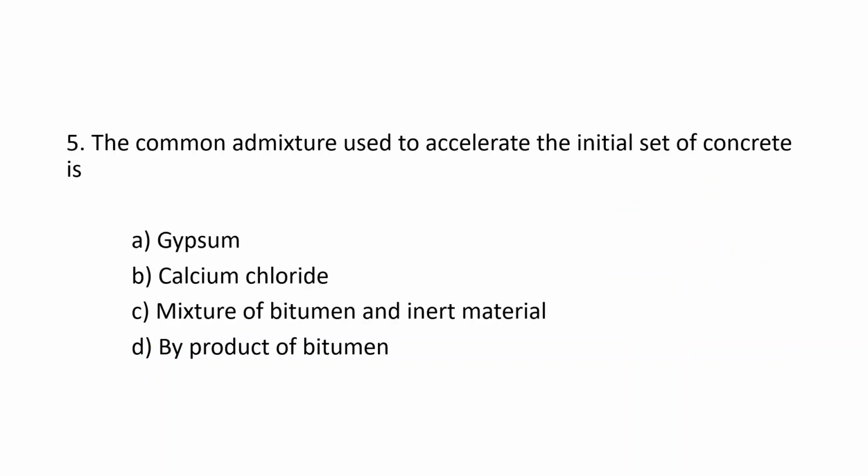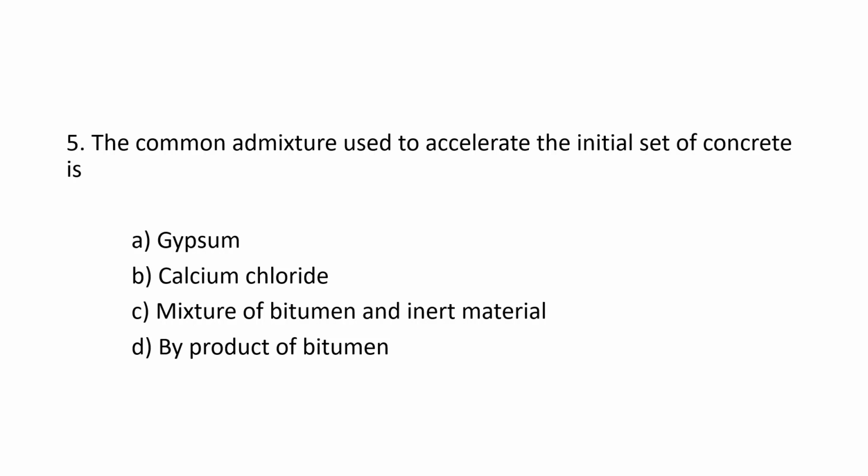Then our fifth question, the common admixture used to accelerate the initial set of concrete is: first one gypsum, second one calcium chloride, third mixture of bitumen and inert material, and D byproduct of bitumen. Okay, admixtures means we can use either accelerators or retarders in the concrete mix.